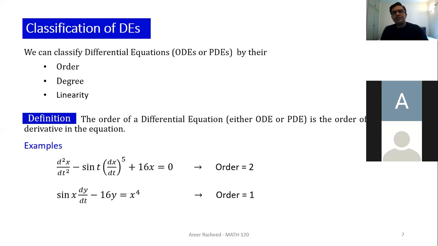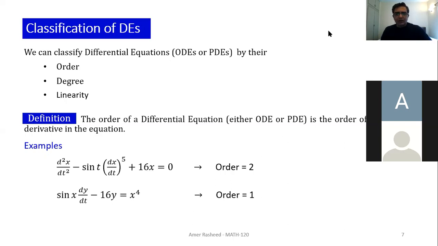Now we are going to discuss how we can classify differential equations with respect to order, degree, and linearity. In this classification, I'll explain what the order, the degree, and the linearity of a differential equation are. I hope you understand these things in the upcoming slides.